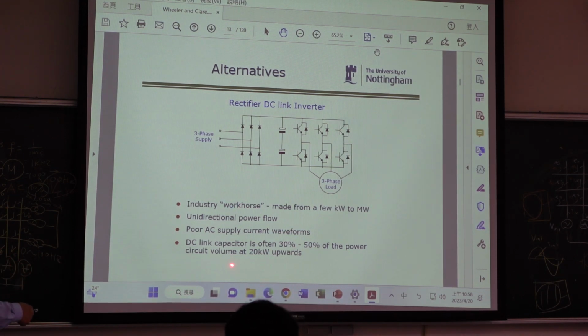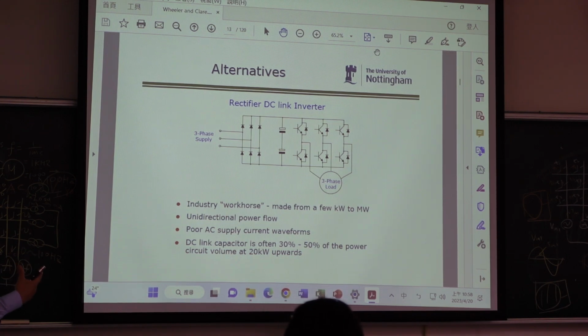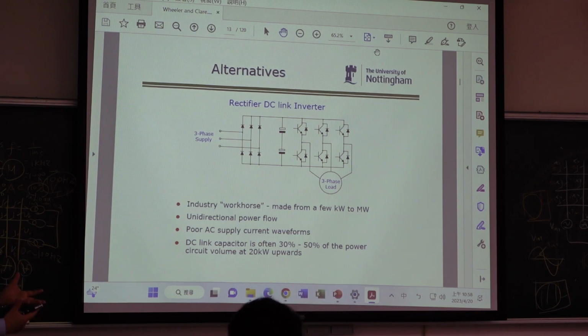The horse always works in the field. Which means the horse is reliable, right? And useful. So if you go to industry, everybody uses this. Nobody uses this, because this is the workhorse. It may not be the best, but it is cheap and reliable, so everybody uses this.